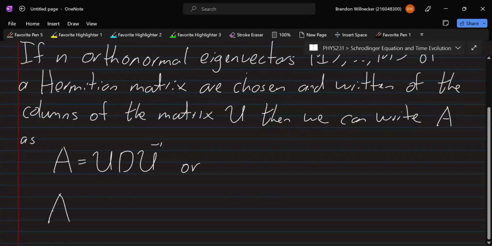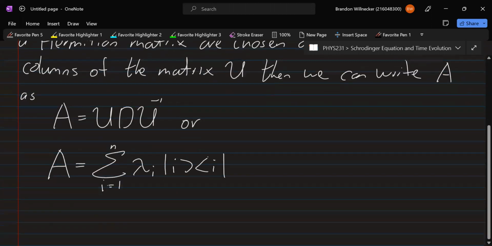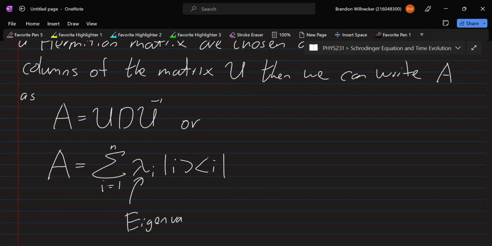We can also write it as A is equal to the sum from i equals 1 to n of lambda i, where that's the eigenvalue, and then we have the outer product |i><i|. Remember, that was the projection into that eigenspace. So this is the eigenvalue, and this was the projector to the eigenspace.